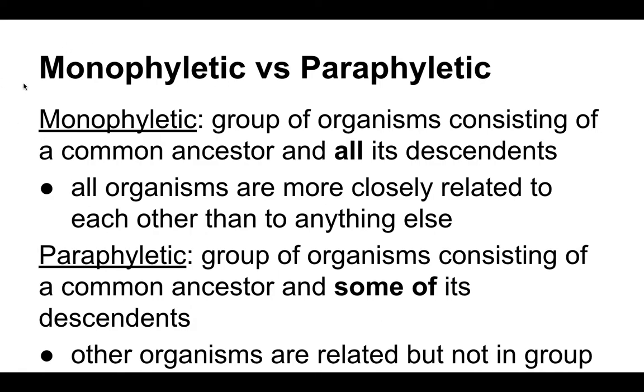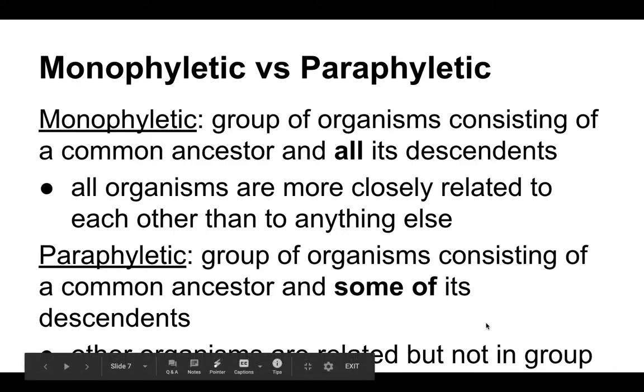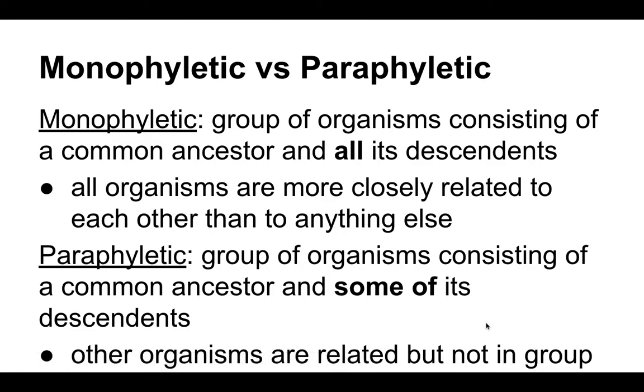So monophyletic groups are an actual evolutionary genetic thing. Paraphyletic is because humans are imperfect in how we group things, how we recognize similarities between things. So they're things we have decided should fit together, but they don't include everyone who is related to them. Like, we exclude some members of a group.